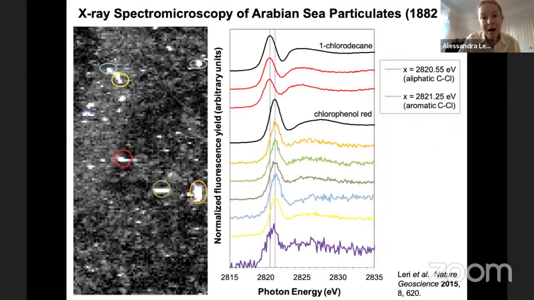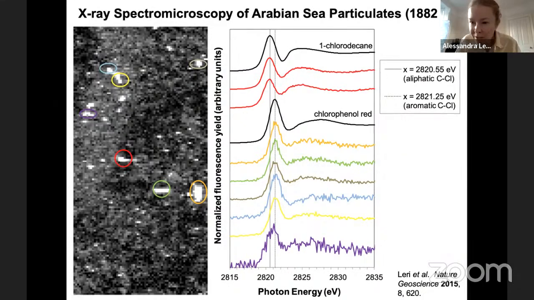So when we did that, we got the spectra that are shown in these colors here, and I've color coded this so that you can see that the red hotspot of chlorine here corresponds to these red spectra. And these other different hotspots that I have in different colors here correspond to these spectra down here.